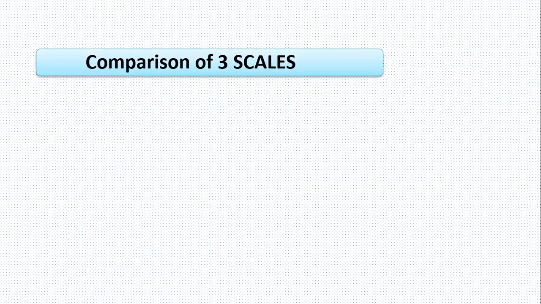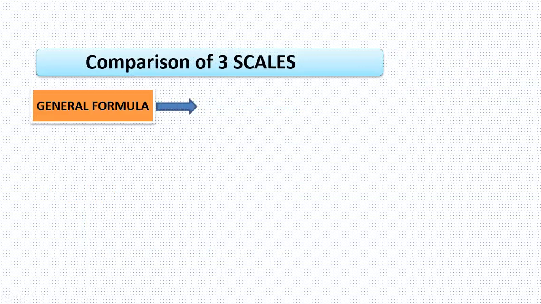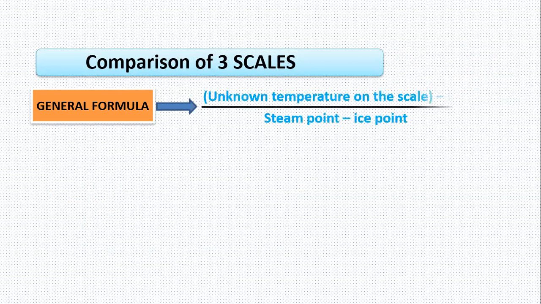Now let us compare the three scales, that is the absolute scale, the Kelvin scale, the Celsius scale, and the Fahrenheit scale. So there is one formula: unknown temperature on the scale minus ice point upon steam point minus ice point. For ice point, we say the temperature is 0 degrees Celsius, and for steam point, we say the temperature is 100 degrees Celsius.